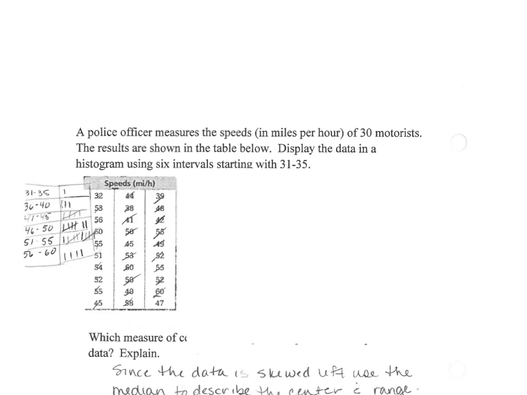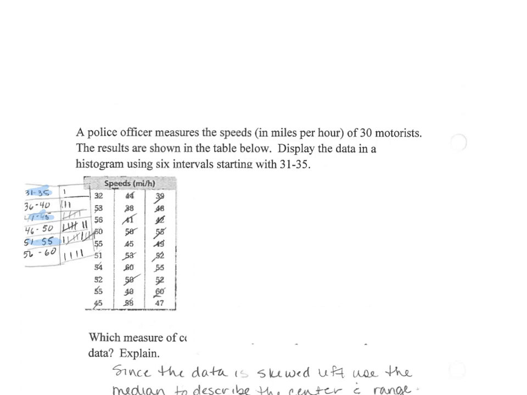So what this is going to do is they want you to create these 6 intervals. So the first interval they say they want you to use is 31 to 35. So then after 31 to 35, you're going to have 36 to 40. So it's like an interval of 5, starts at 31 to 35. So you'll have 36 to 40, 41 to 45, and then 46 to 50, 51 to 55, and then 56 to 60.